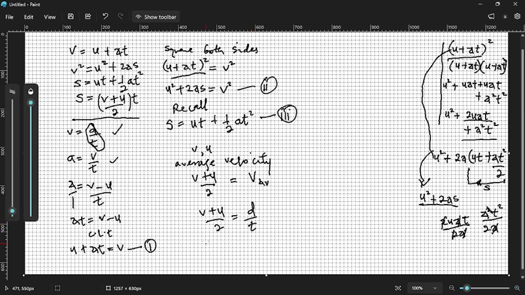Then we now have x equals (v plus u) over 2 times t. So this will be the fourth equation, with x for distance.